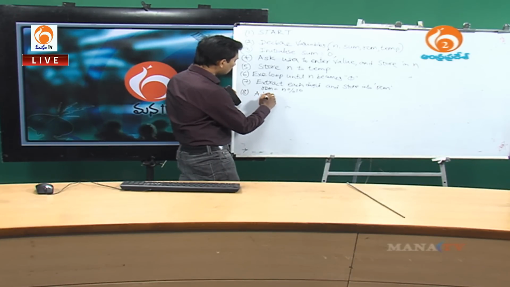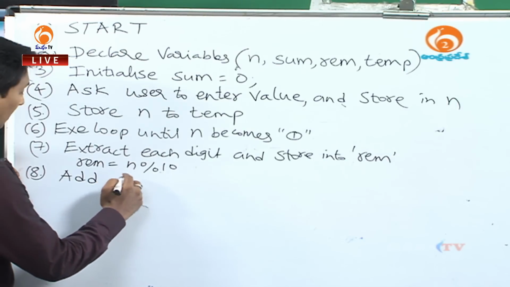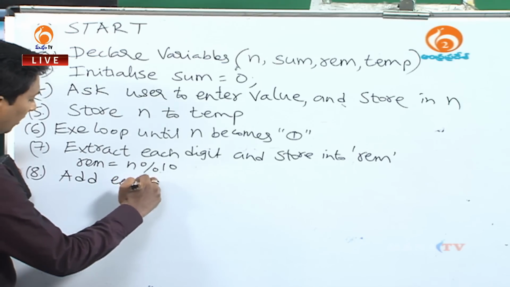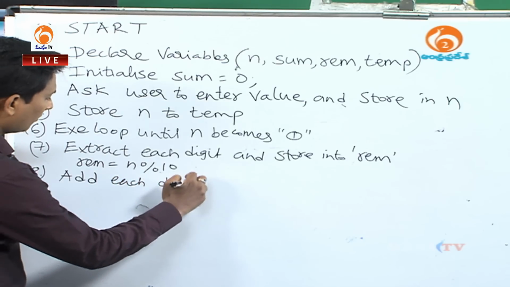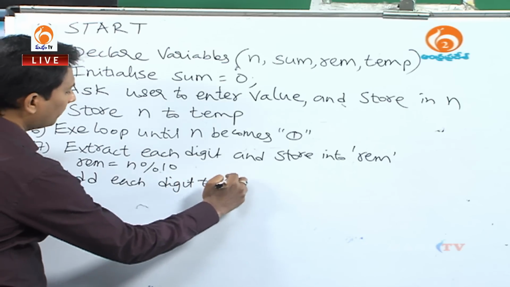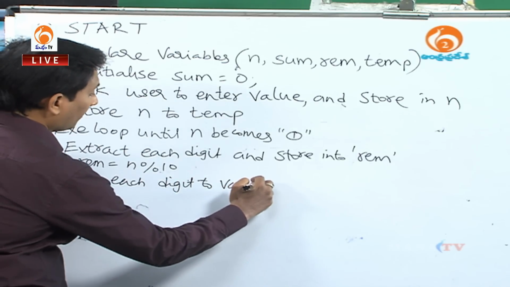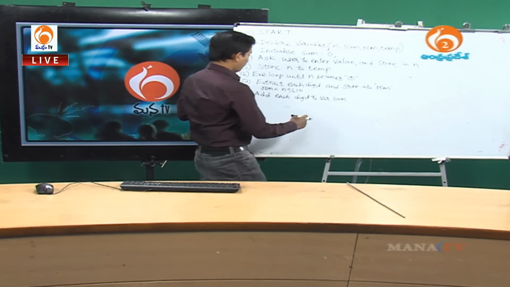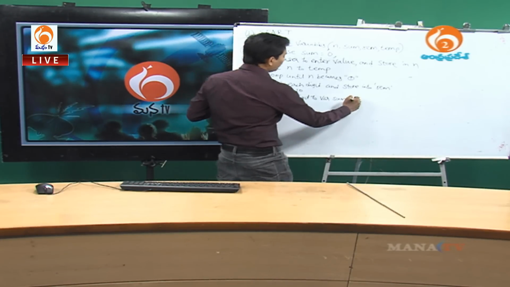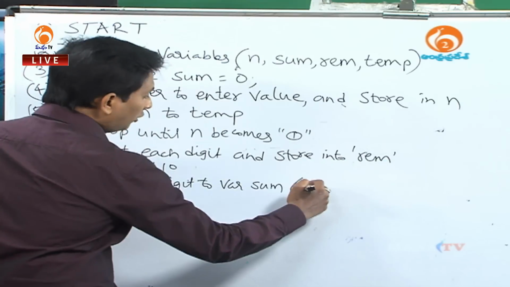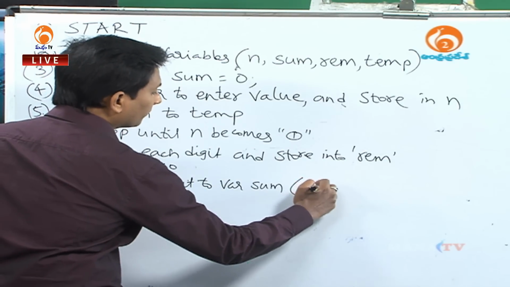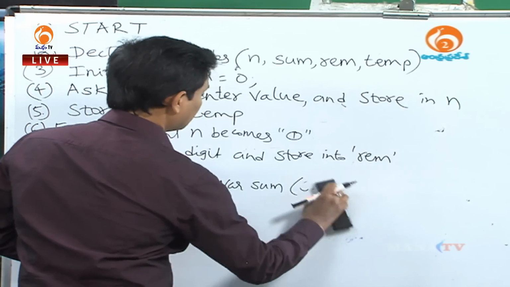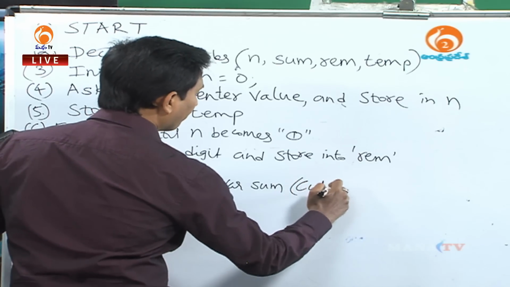Add each digit to variable sum. Add each digit to variable sum means also do the sum of cubes, cube of remainder.